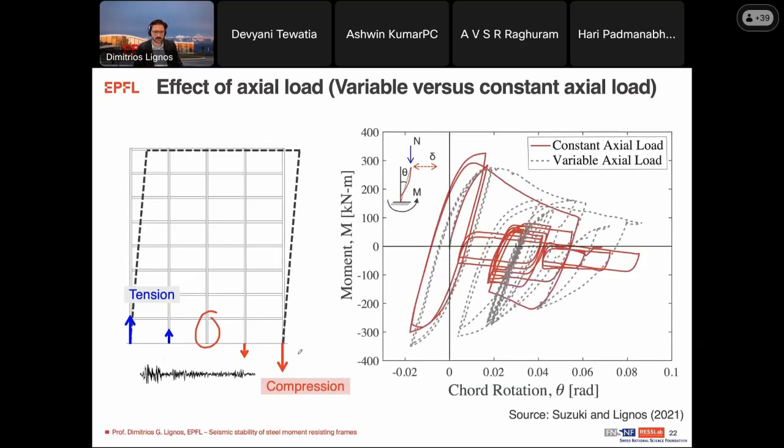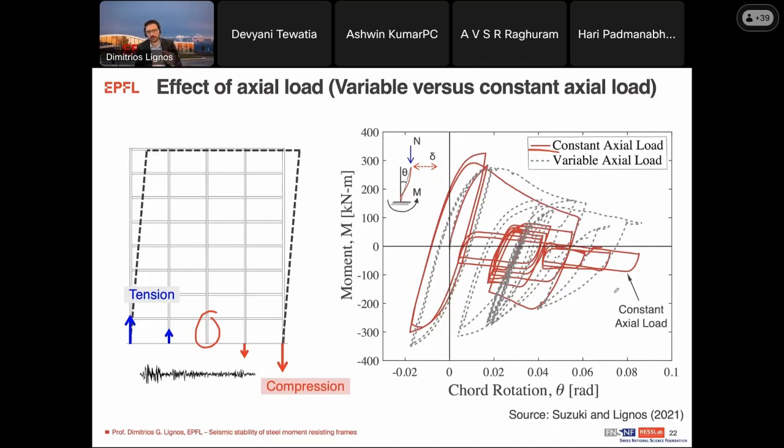So in this case, what we saw is that when you have a column under constant axial load versus one under variable, the one under constant axial load will behave worse. Because the axial load remains in position and doesn't fluctuate, the neutral axis position more or less remains the same.